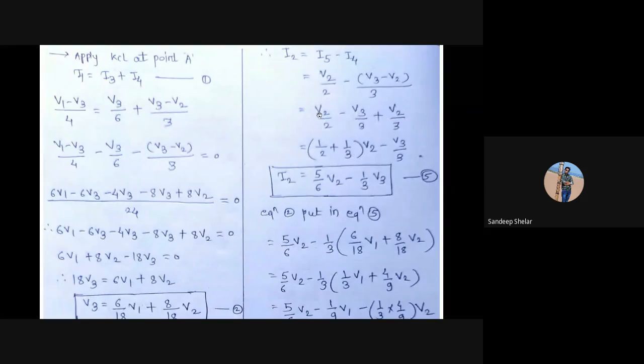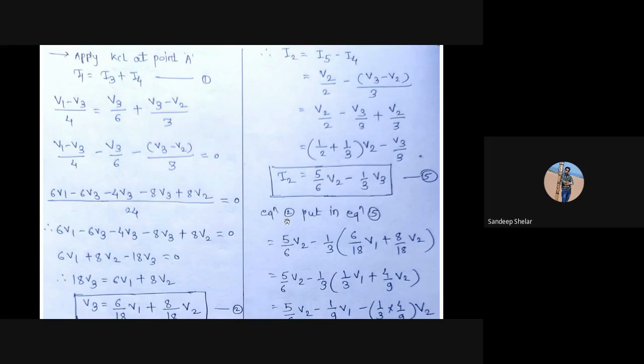Then taking V2 common from these two terms, that is 1 by 2 plus 1 by 3 into V2 minus V3 upon 3. Now I2 is equal to 5 by 6 into V2 minus 1 by 3 into V3, that is equation number 5.